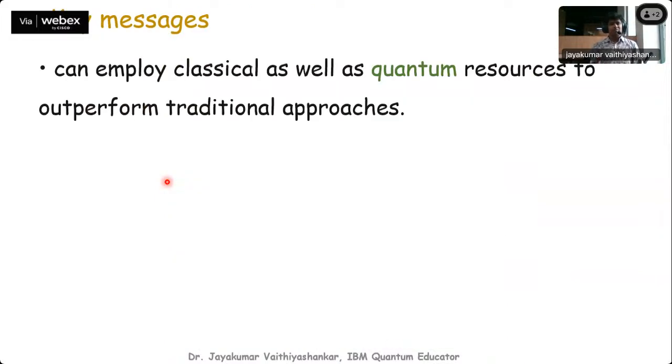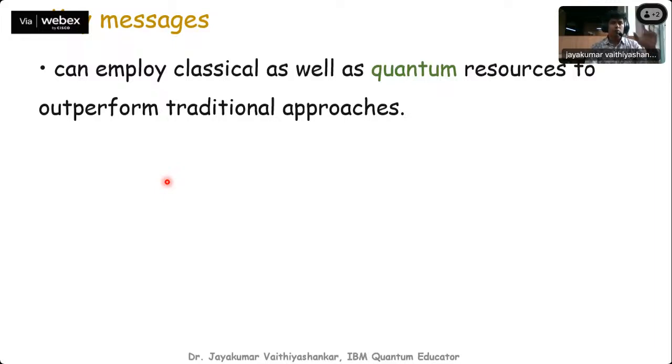So what we can do is employ classical as well as quantum resources to outperform traditional approaches. It should be hybrid. We cannot entirely rely on classical or entirely on quantum to solve the toughest problems, so we can go for a hybrid approach.